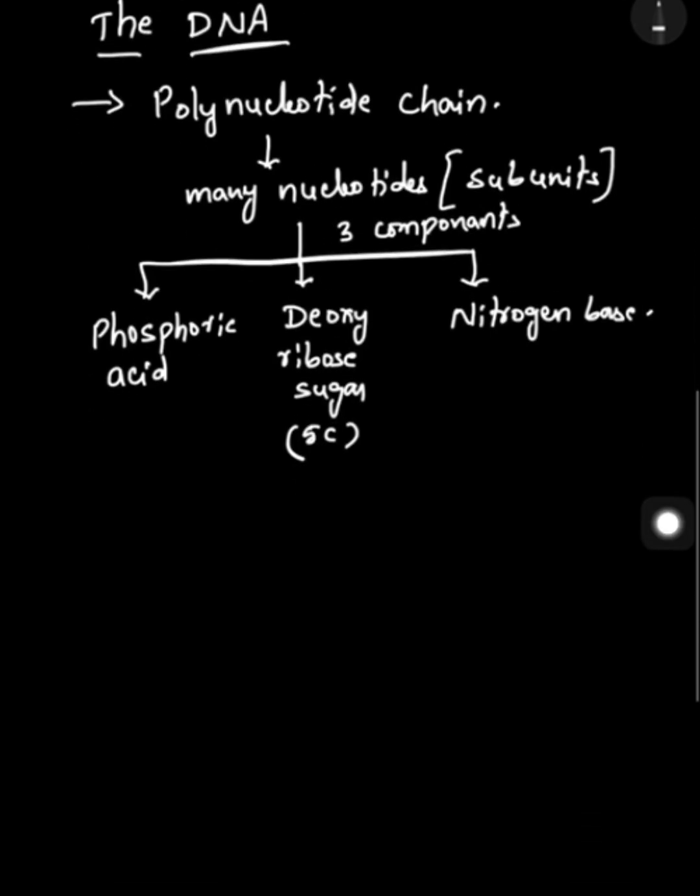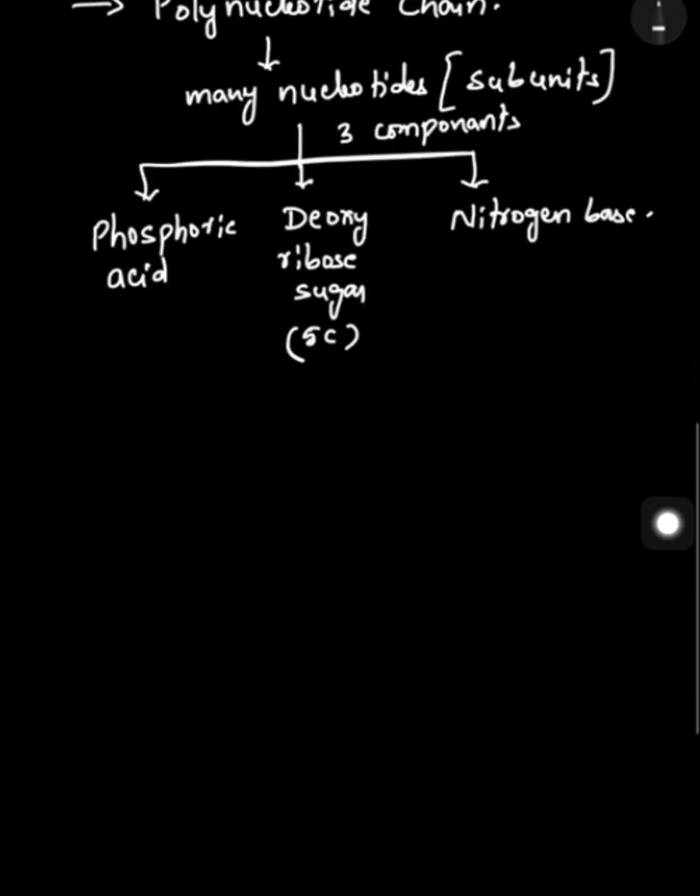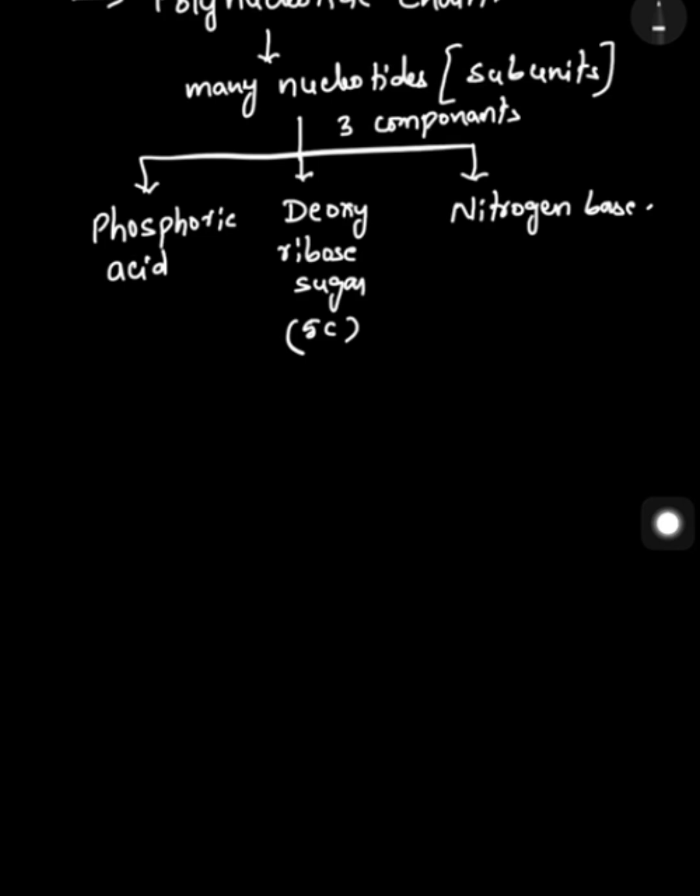Let's see the structure of this nucleotide in detail. Here I am taking phosphoric acid structure. This is phosphoric acid. Here I am taking deoxyribose sugar structure. It is a 5-carbon sugar.